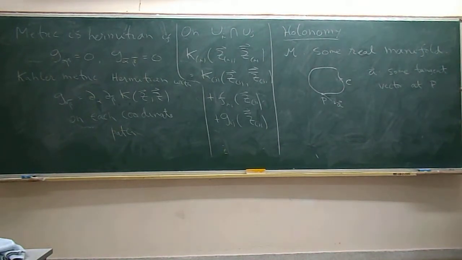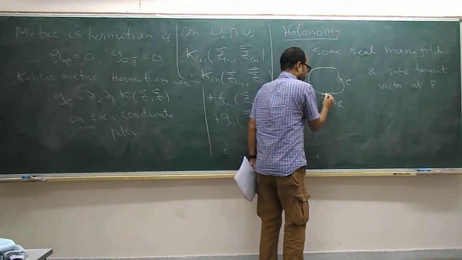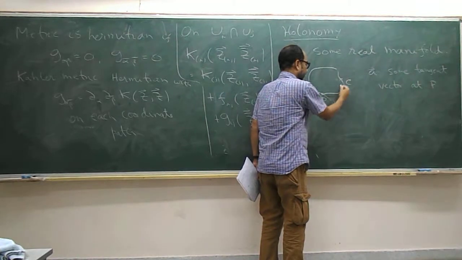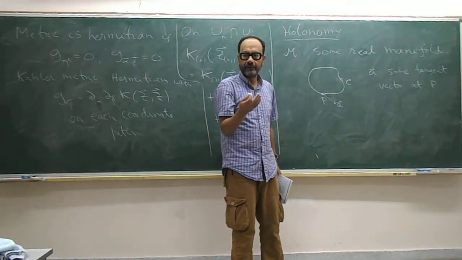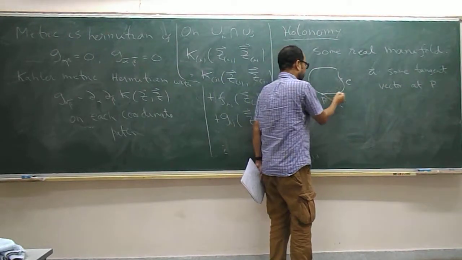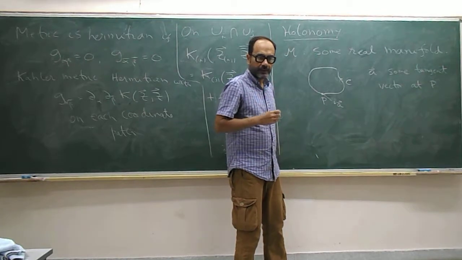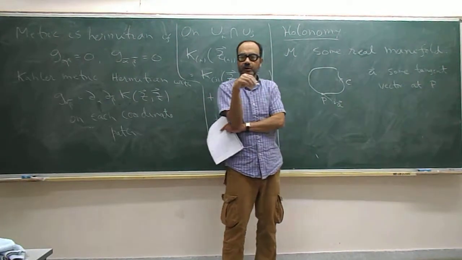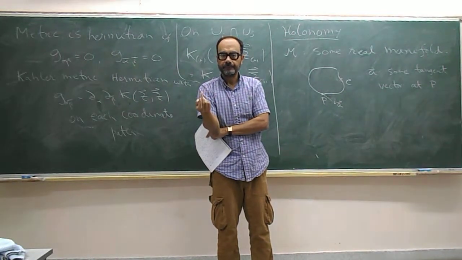Now, using the notion of parallel transport, we can parallel transport A along this curve. This is of course true if you have a metric. Let's suppose that you have a manifold with a metric. Then we can parallel transport A along this curve C and come back to P. During this parallel transport, typically A will come back as a different vector, A prime.